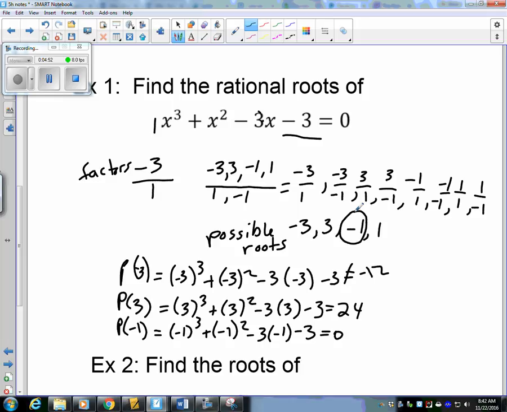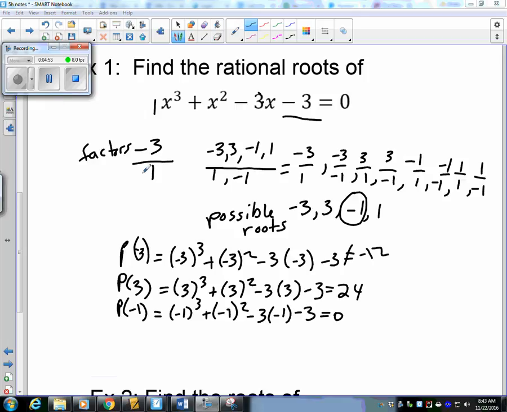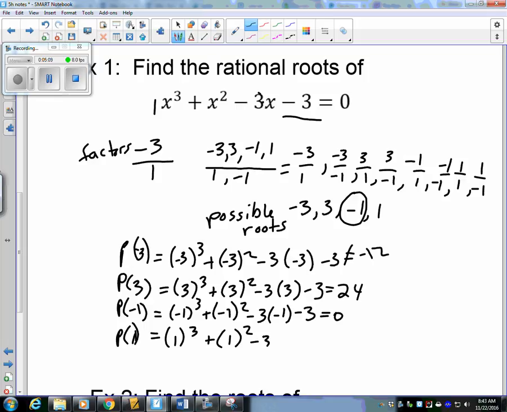Let's test the last possible root, 1. 1^3 + 1^2 - 3 times 1 - 3. So 1^3 is 1 plus 1^2 is 1. So that's 2 minus 3 is -1 minus 3 is -4.